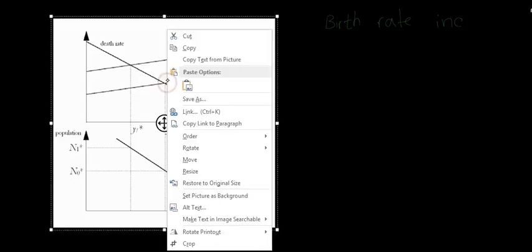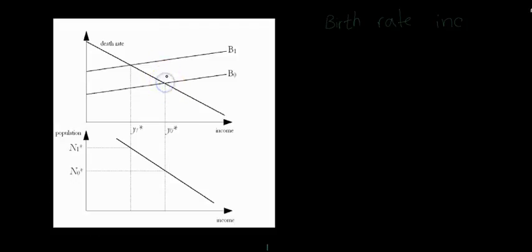Now we have increased the birth schedule, or we say the birth rate has increased. This birth rate increase causes a shift from B0 to B1. The first equilibrium was E0, this point, and then the new one is E1.